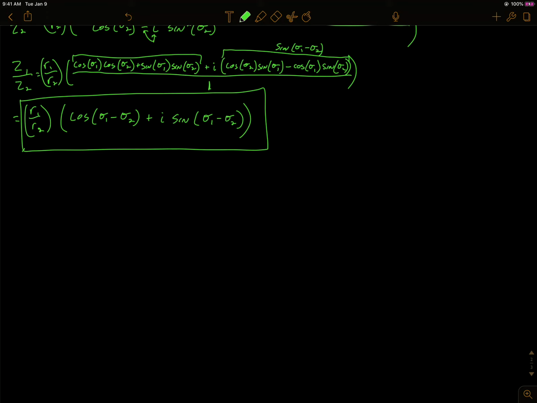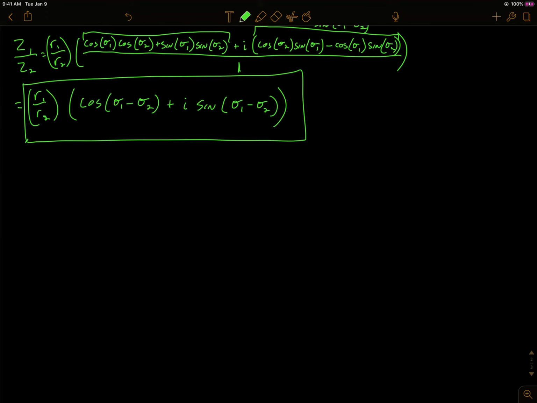So if I were to write it in words, like I did last time, when dividing two complex numbers, you divide the magnitudes and subtract the arguments.